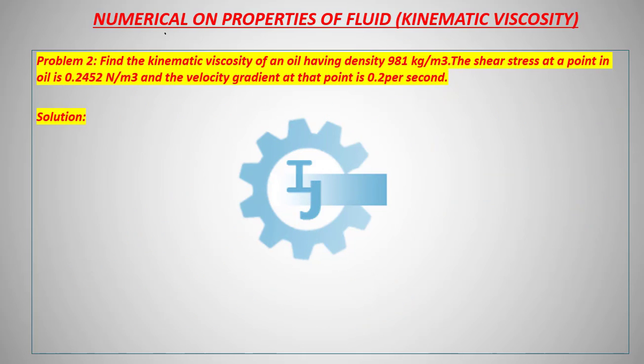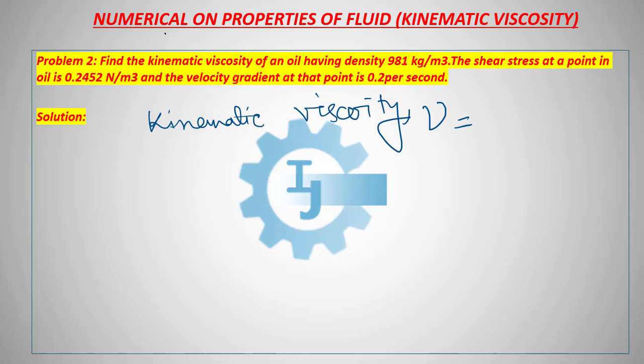Now we have to find the value of kinematic viscosity. We don't know what the kinematic viscosity is. Kinematic viscosity nu equals mu by rho. We already know this relation, where nu is kinematic viscosity, mu is dynamic viscosity and rho is density.